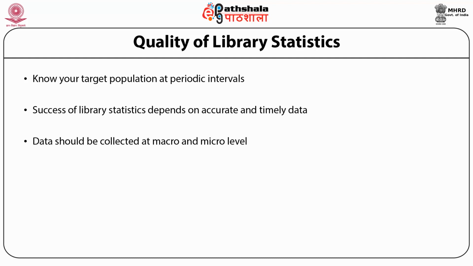At the micro level, you can find out how many of these visitors have actually used the library, how many of them have read the newspaper only, how many of them have searched the databases, and even how many of them have searched energy literature, or maybe solar energy documents. That kind of micro data you can also find out from the library.